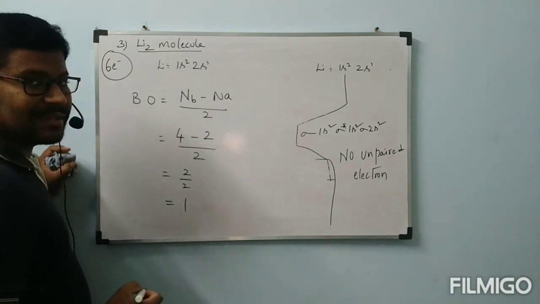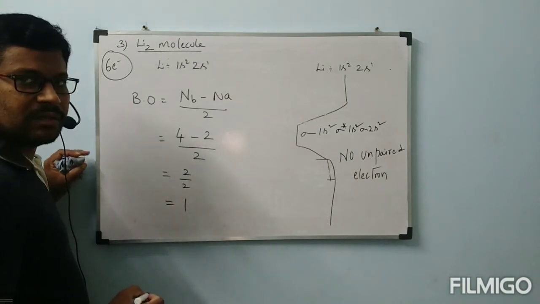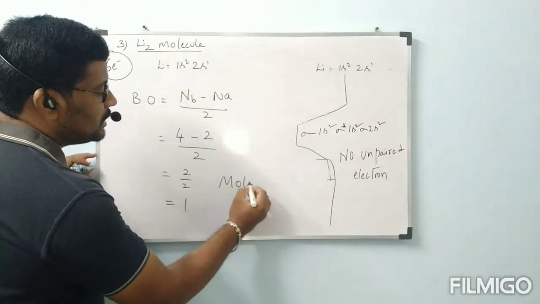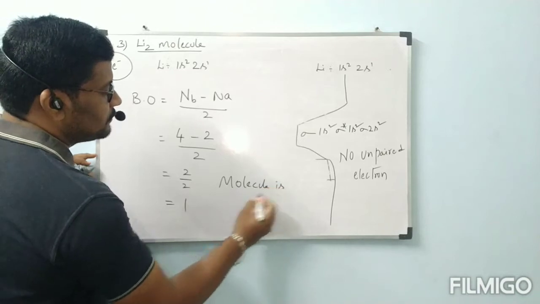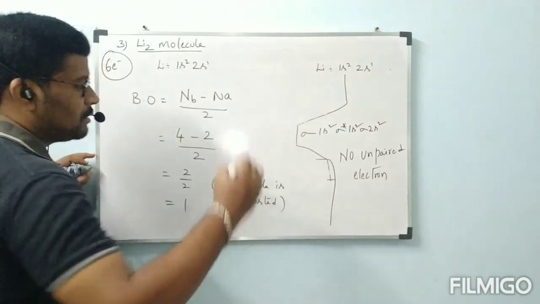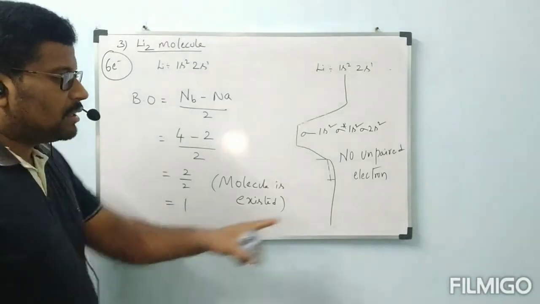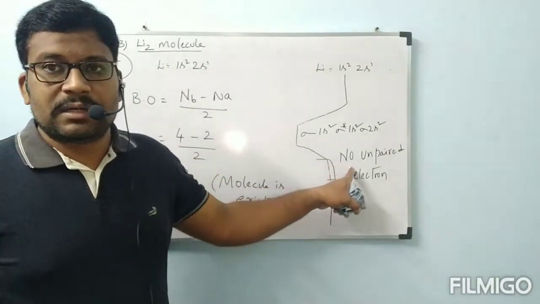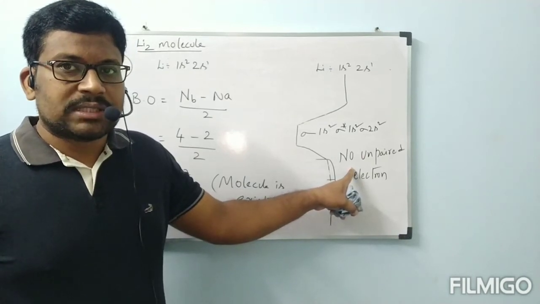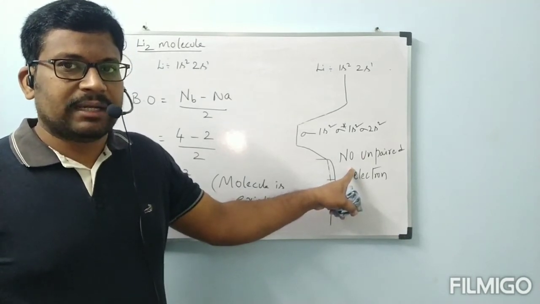Molecular bond order is greater than 0. Bond order is equal to 1. Bond order is greater than 0, so the molecule exists. Here, previously we said no unpaired electron is present. No unpaired electron means the magnetic nature is diamagnetic.